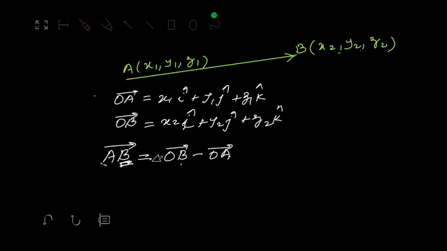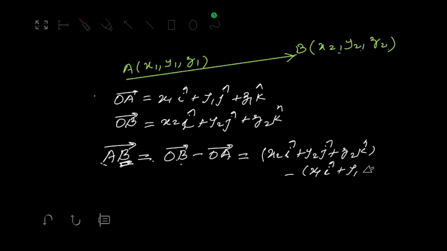So AB vector is equal to OB vector minus OA vector, and if we substitute the values of OB vector and OA vector in this relation, we have x2 i cap plus y2 j cap plus z2 k cap minus OA vector, which is x1 i cap plus y1 j cap plus z1 k cap.